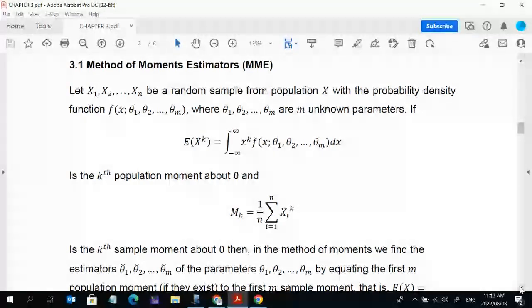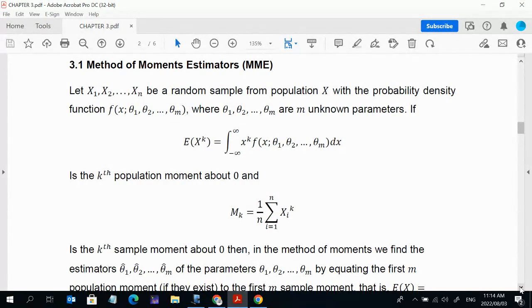The basic principle of this method is to choose the value of the unknown parameter for which the observed data has the same moments as the population. We have the population moment, we equate that to the sample moment, and we solve for the parameter. So the basic principle is to choose the value of the parameter from the parameter space.